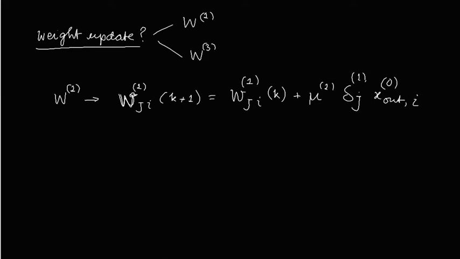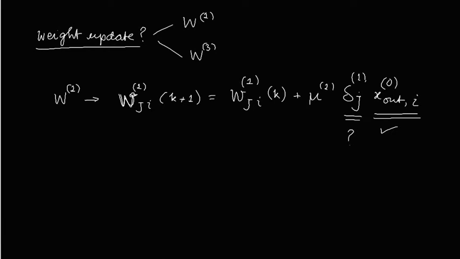So this means that the input vector pattern values we'll be using here, and we need delta J1. But this is known, while this delta J1 is not known.